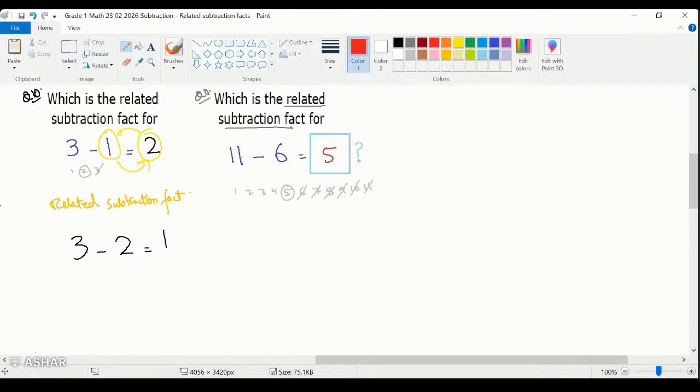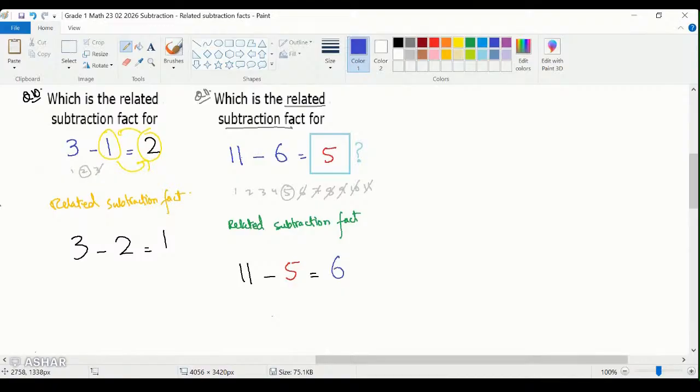So the related subtraction fact for this given question should be 11 minus 5 should be equals to 6.